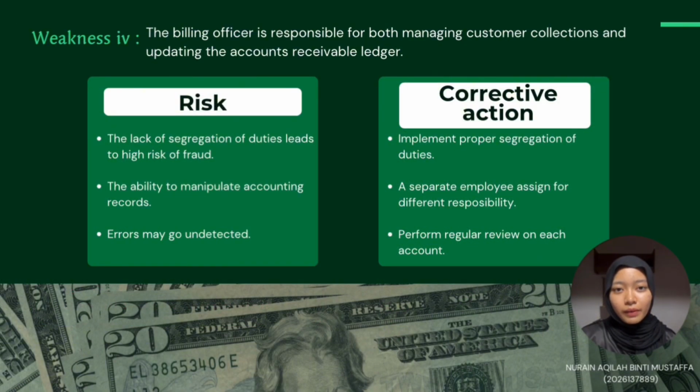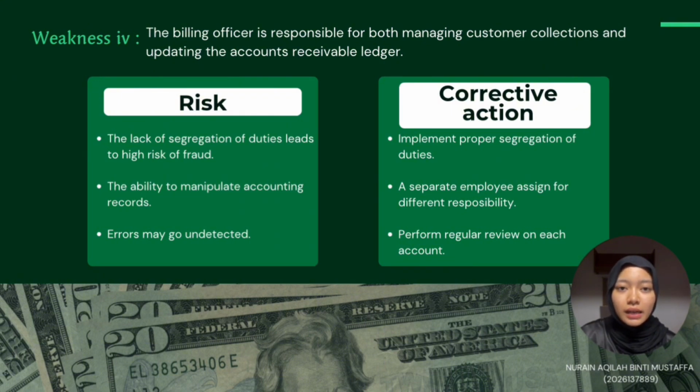The fourth and perhaps most critical weakness is the concentration of incompatible duties in a single individual. In this case, Rahmah, the billing officer, is responsible for both receiving customer payments and maintaining the accounts receivable records. This complete lack of segregation of duties creates a high risk of fraud and embezzlement.